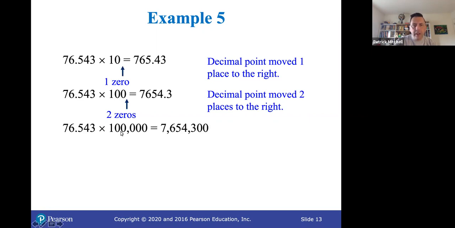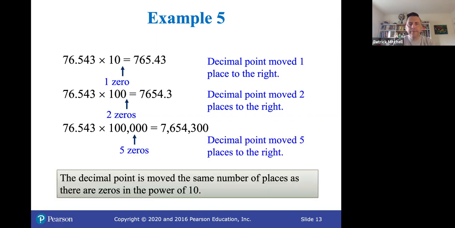Times 100,000, there are 5 zeros there. So that would go 1, 2, 3, and then I need to tack on 2 extra zeros. So again, the decimal point is moved the same number of places as there are zeros in the power of 10.